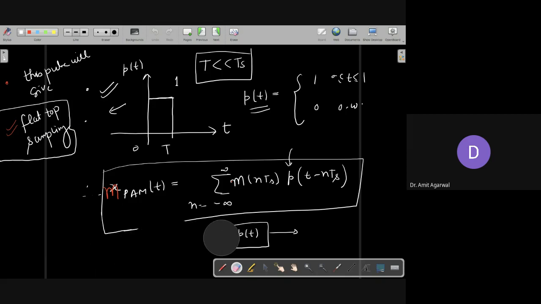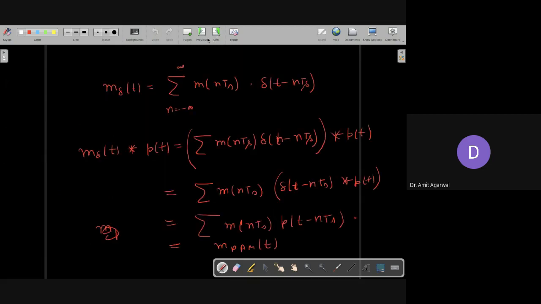One can also see this PAM signal as an ideal sample signal convolved with an LTI filter whose impulse response is p(t). Let's see how. You remember this is the ideal sample signal, right?